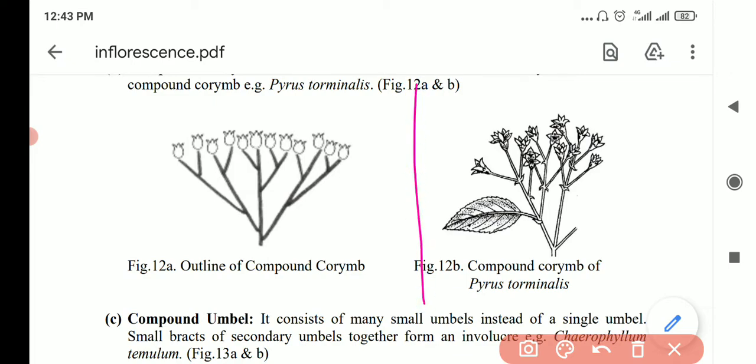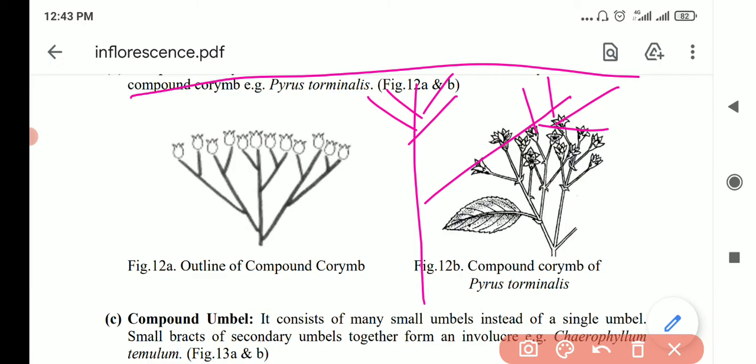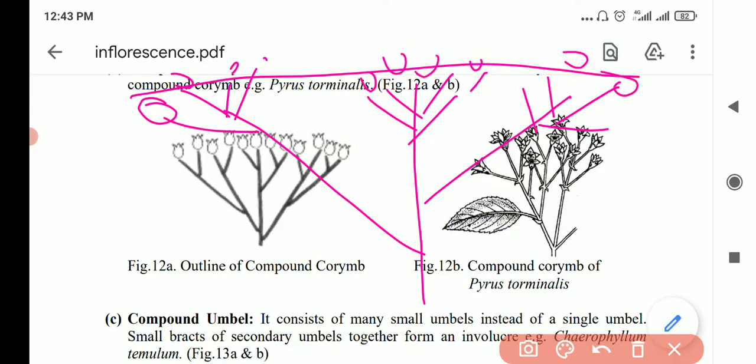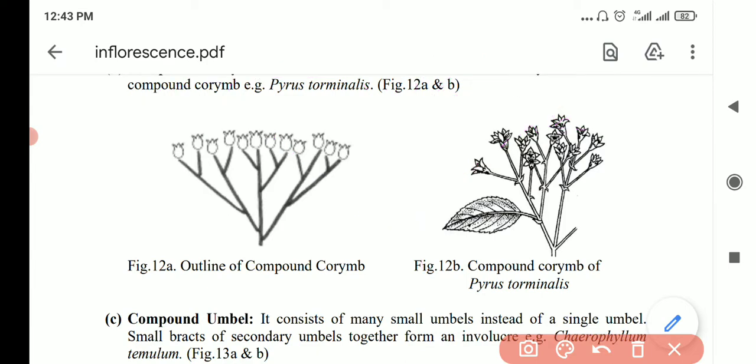So if you had a main axis with these corymbs, then another main axis with these corymbs, make sure they are in the same line. These are the flowers. So there's nothing complicated. It's nothing but your corymb in compound form, meaning many corymbs.